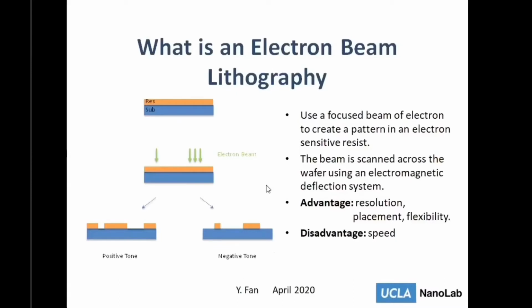The beam for our e-beam writer inside the clean room can be focused to a spot size of less than 5 nanometers. Placement accuracy is also an advantage, and it's flexible because you can design any pattern with CAD and then just write it. The disadvantage, obviously, is the speed.